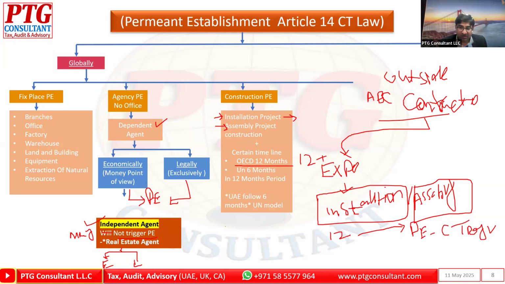Yes, as per the OECD model. Now the UN model is 6 months. If during the last 12 months it has worked here for 6 months, it will be PE.